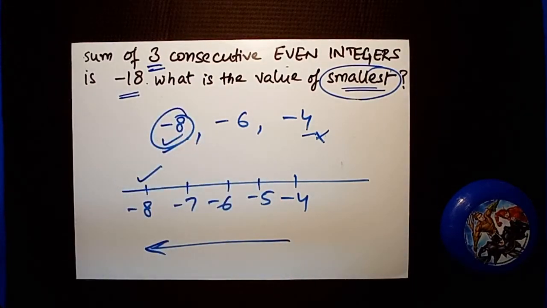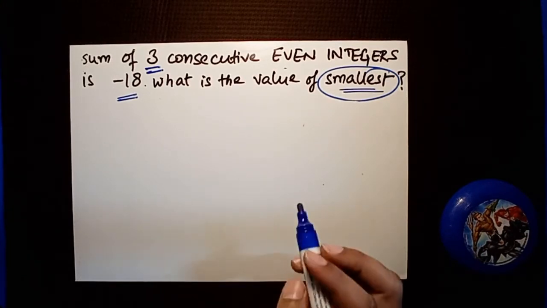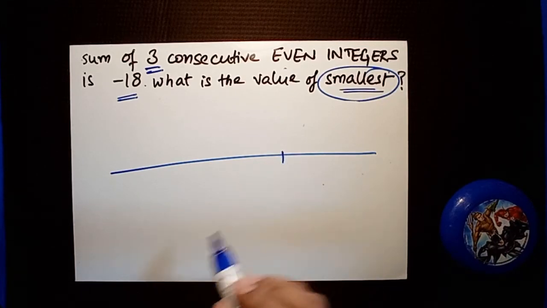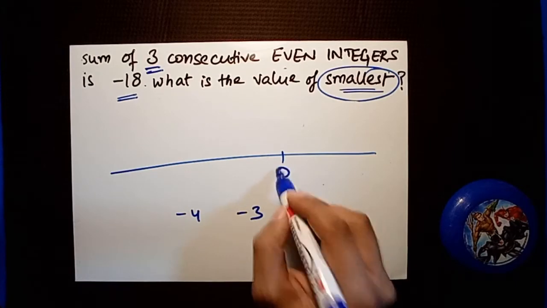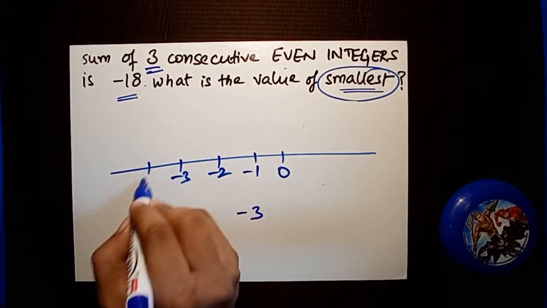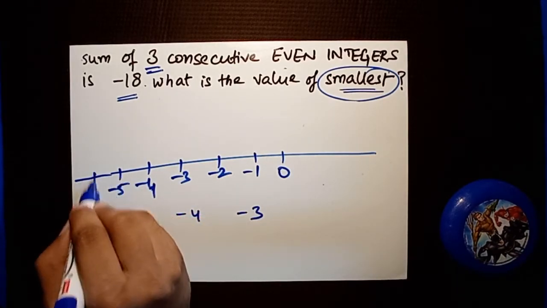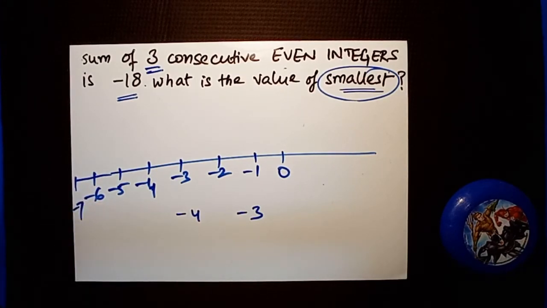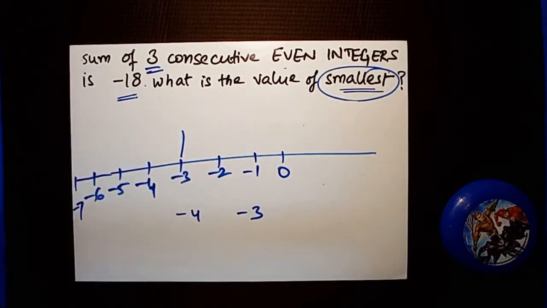Another is, what does it mean to add two negative numbers? Let's say I want to add minus 4 and minus 3. Okay, so let's look at the number line. Minus 1, minus 2, minus 3, minus 4, minus 5, minus 6, and let's say minus 7. So this is minus 3, this is minus 4.